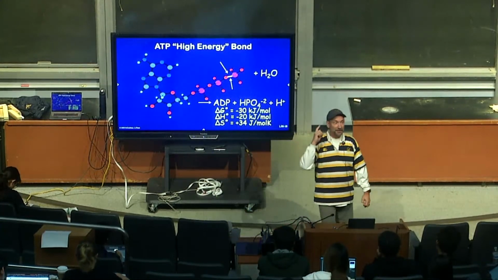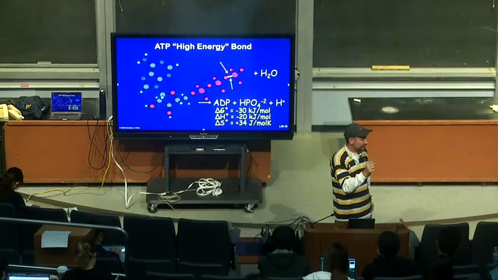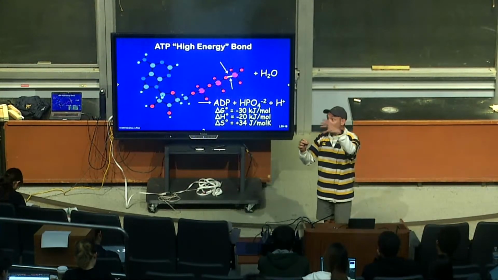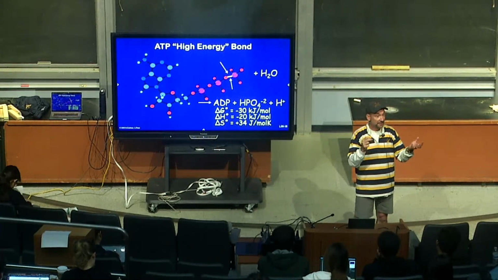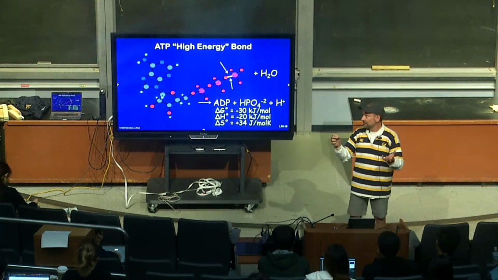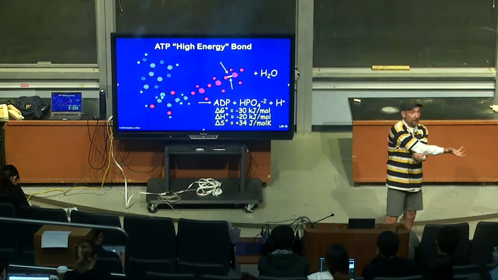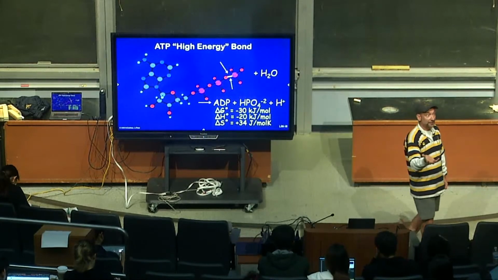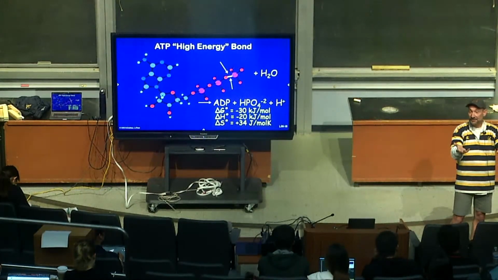So what's true of spontaneous reactions? The entropy of the universe must increase. That's the definition. That coincides with free energy, standard state free energy is negative, less than 0, okay? Those two things go together. One more thing goes along with it, because the standard state free energy is less than 0, K is bigger than 1.